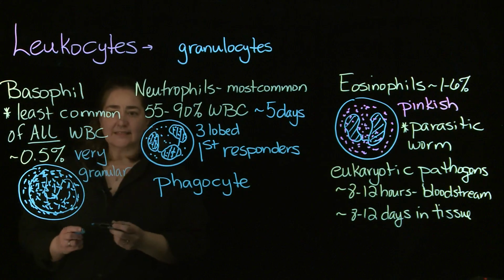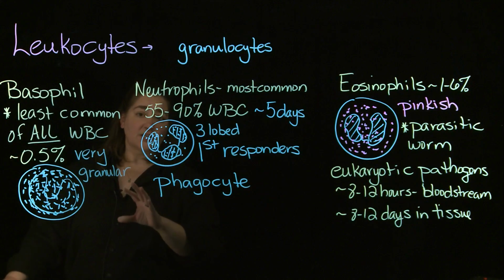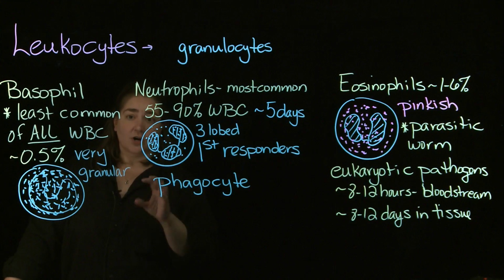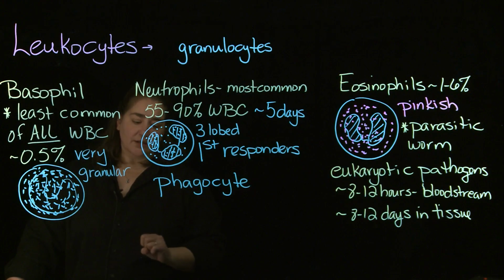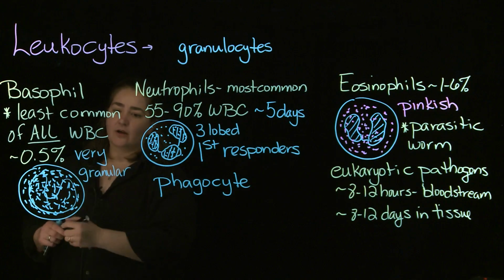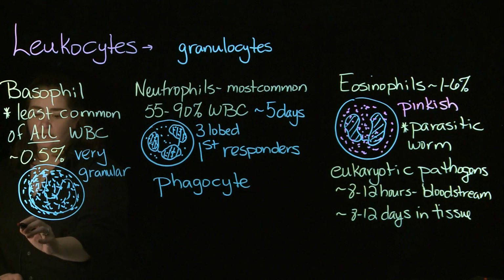So it can be picked out easily because it usually stains a very, very dark purple. And in terms of that, what you've got going on there with all of those dark staining granules.